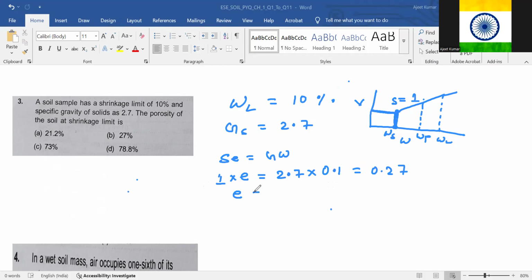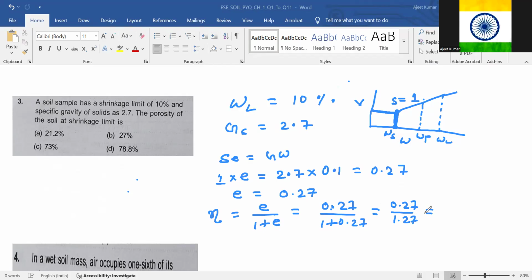The void ratio e is equal to 0.27, and the porosity eta is equal to void ratio divided by 1 plus void ratio, which is 0.27 divided by 1.27.